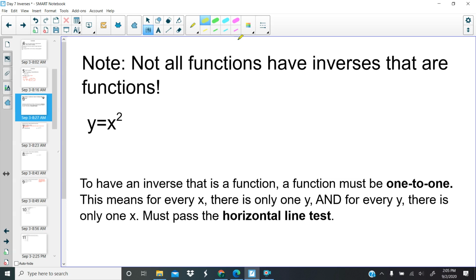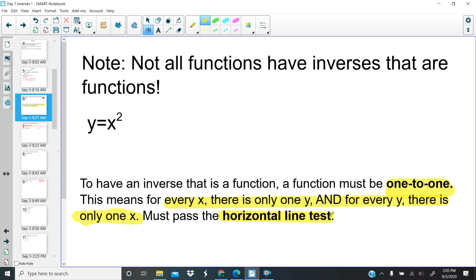To have an inverse that is a function, the original function must be one-to-one. I thought I was highlighting. That means for every x there's only one y, and for every y there is only one x. And then it says it must pass the horizontal line test.